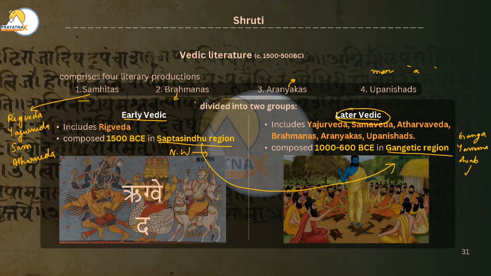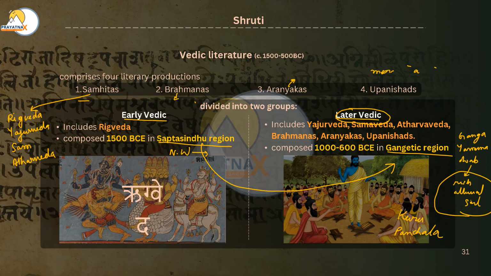Now they moved here obviously because of the rich alluvial soil. Now you will see this eastward shift was due to the increased agricultural production, and this shift due to the presence of rich alluvial soil, we'll see this led to establishment of several powerful kingdoms such as Kuru and Panchala.